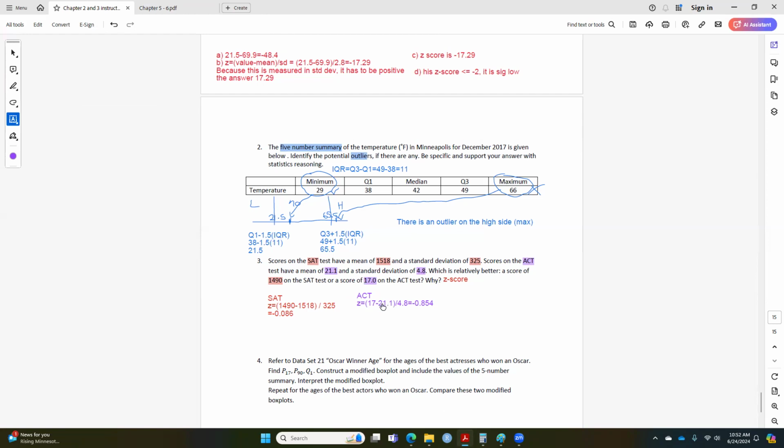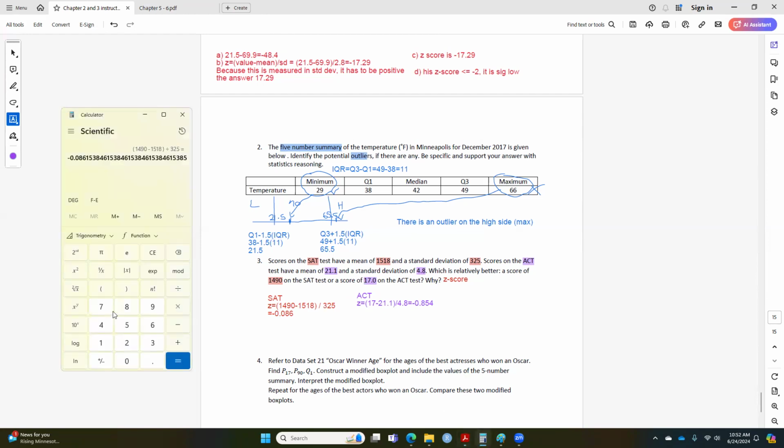Again, I use my calculator to perform this. So that is 17 take away 21.1, and then you divide this by 4.8. That came out to be negative 0.854. Okay, so you got these two z-scores now, SAT and ACT.